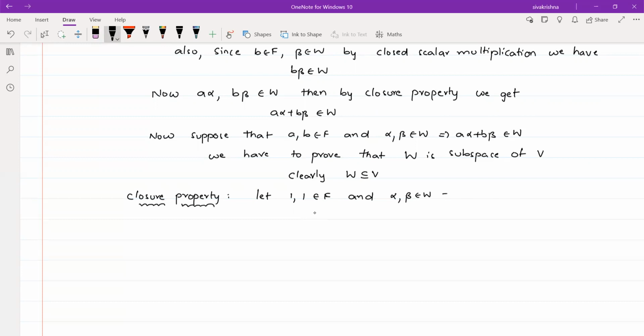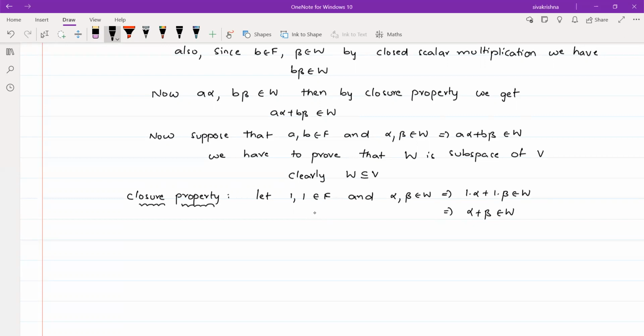So this implies, by our converse supposition. So what is our converse supposition? Whenever we have 2 elements in F and 2 elements in W, we can write a alpha plus b beta belongs to W. So I am writing 1 into alpha plus 1 into beta belongs to W. So this condition we can use now. So this implies we get alpha plus beta belongs to W. So this is the closure property.